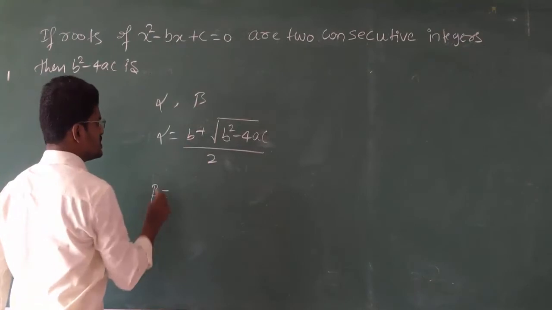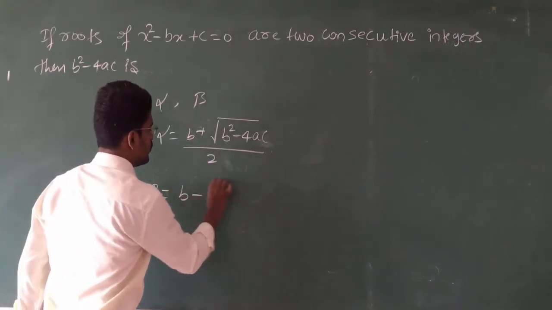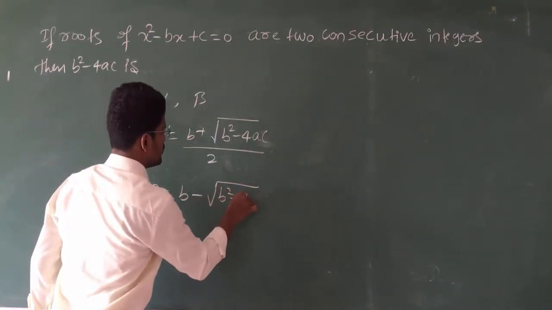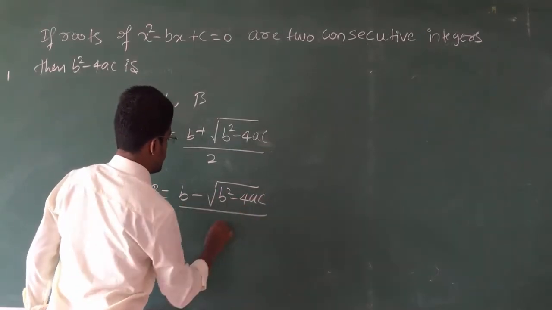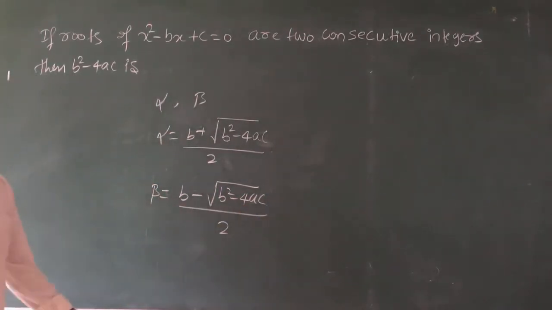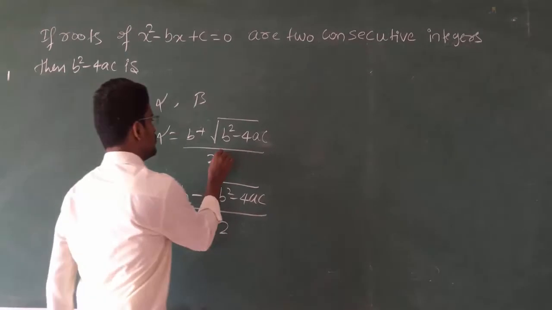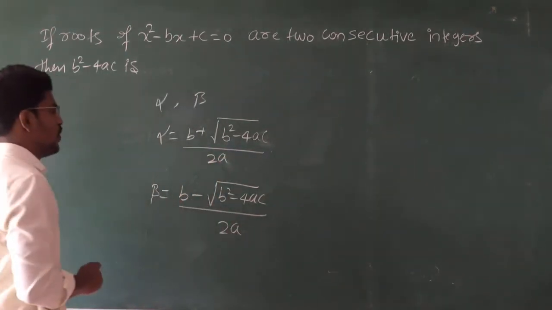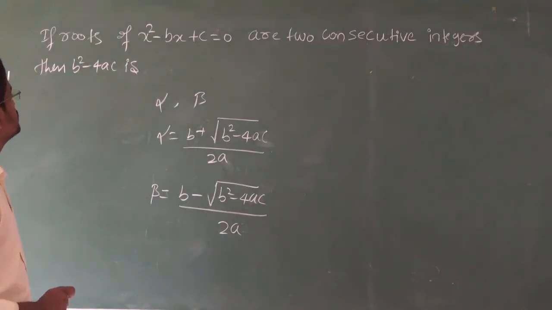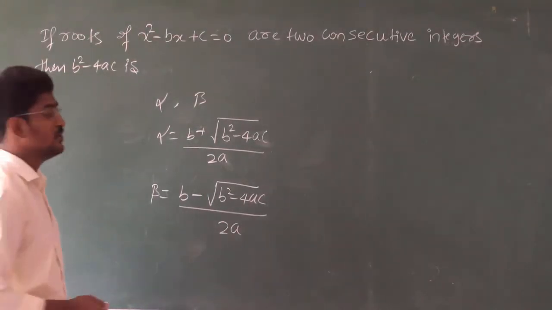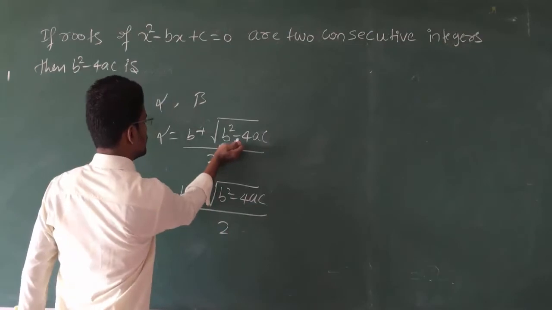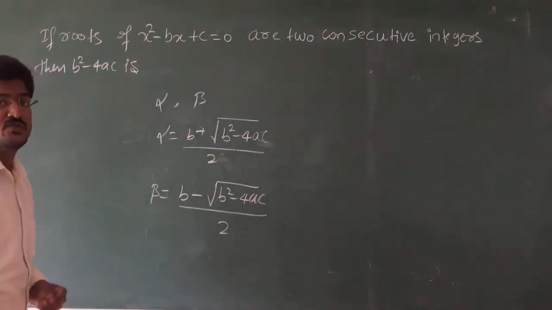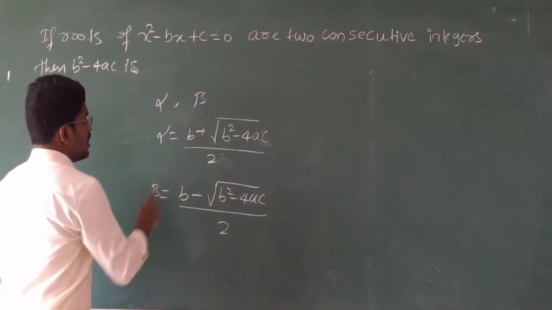Alpha I will take with plus, beta I will take with minus. Otherwise you can write 2a, no problem. Here the a value is 1, so I make it 2.